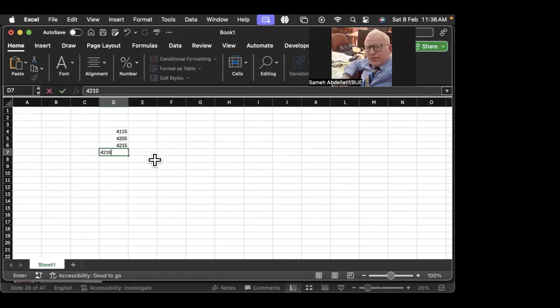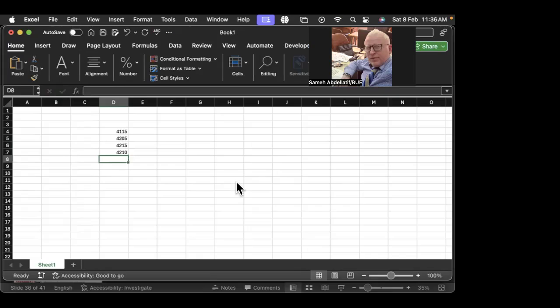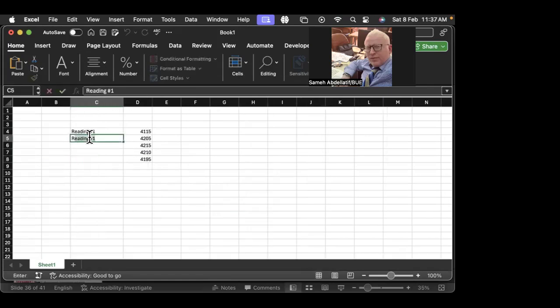And finally, the last reading is 4195. In a very simple manner, this is reading number 1, and this is reading number 2, and so on.